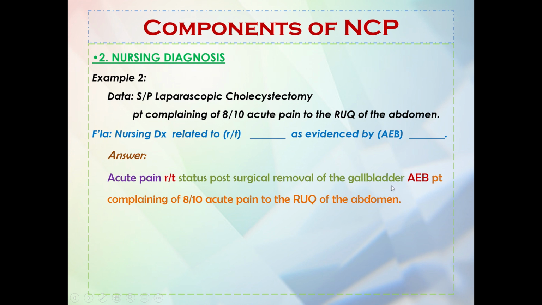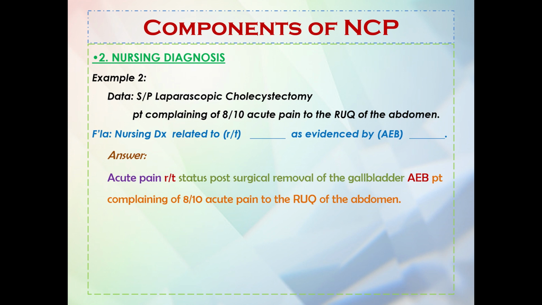Ano yung signs and symptoms natin? Patient complaining of 8/10 acute pain to the right upper quadrant of the abdomen. So that is our nursing diagnosis for this patient, for this data. Acute pain related to status post-surgical removal of the gallbladder as evidenced by patient complaining of 8/10 pain to the right upper quadrant of the abdomen.